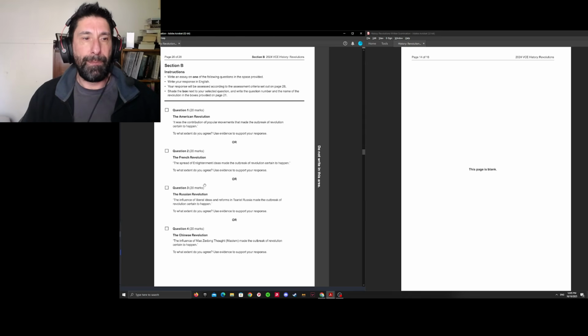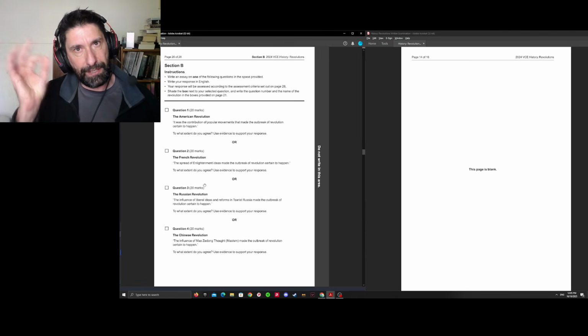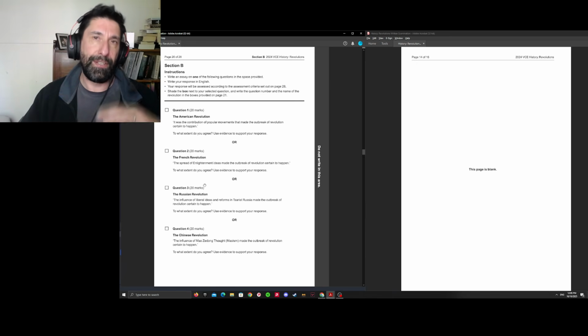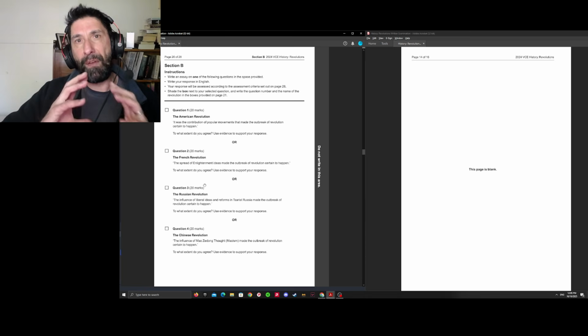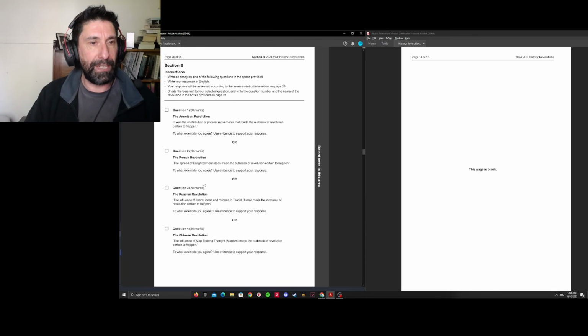They can ask you to write about causes of a revolution or challenges, if it's an area of study 2 question, or if they're covering both area of study 1 and area of study 2, that could be a continuity and change question about the lives of a specific social group or class within the society.